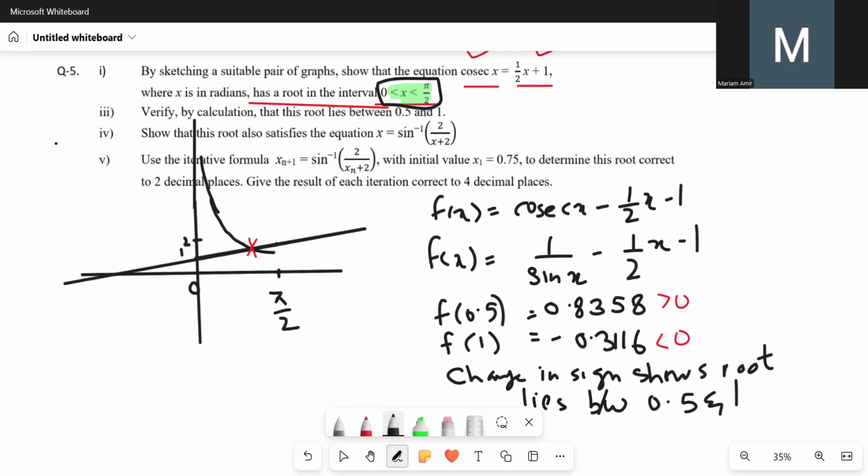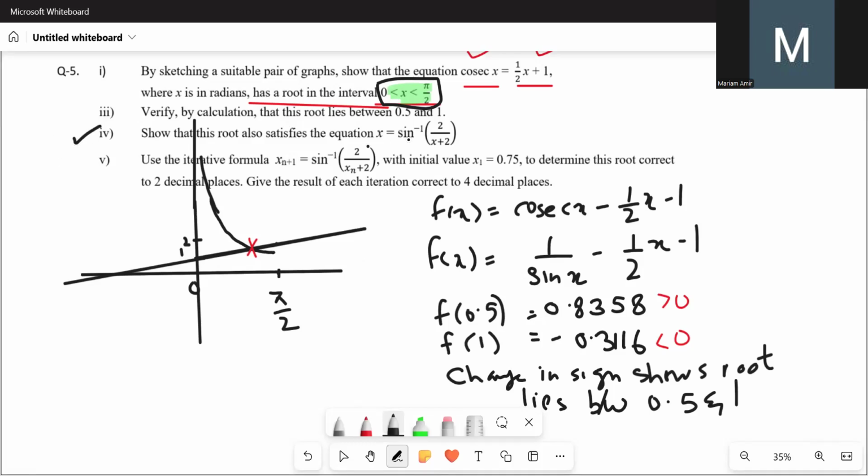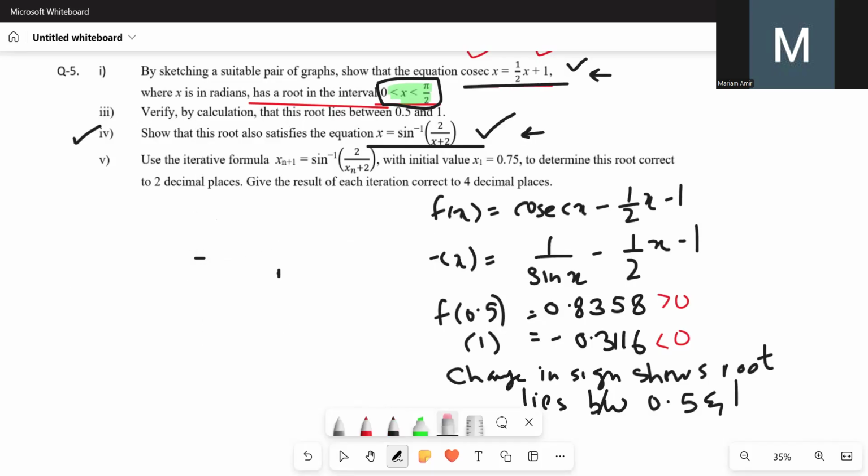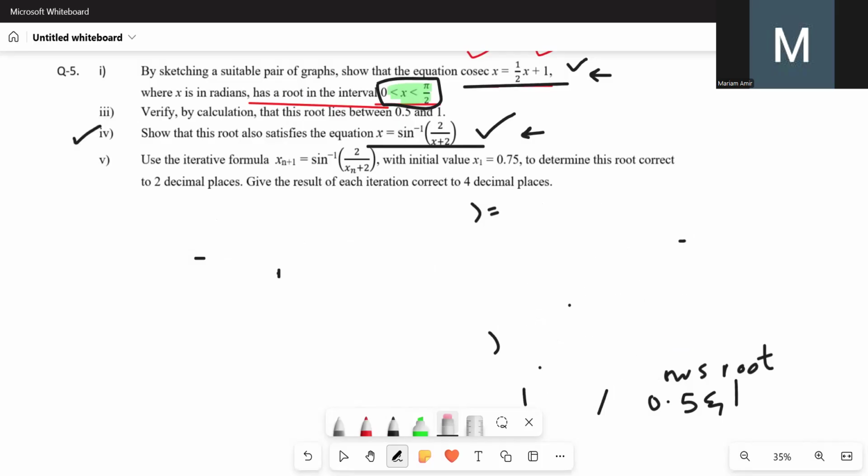Next part, show that this root also satisfies this equation. You'll have to either rearrange this and show that you get this, or rearrange this and show that you get that. I'll start with the equation given in part 4 and rearrange it into the equation in part 1, but you could always go the other way around as well.